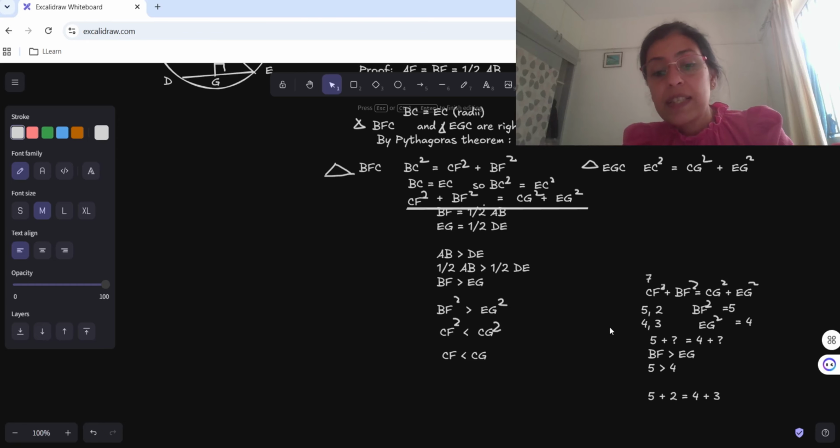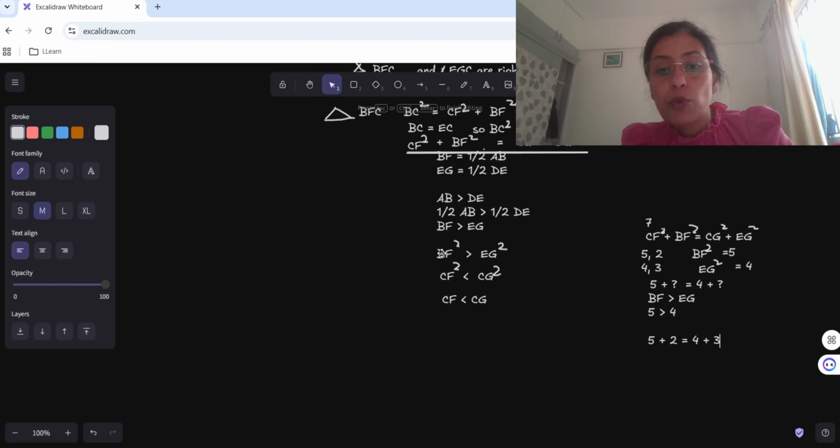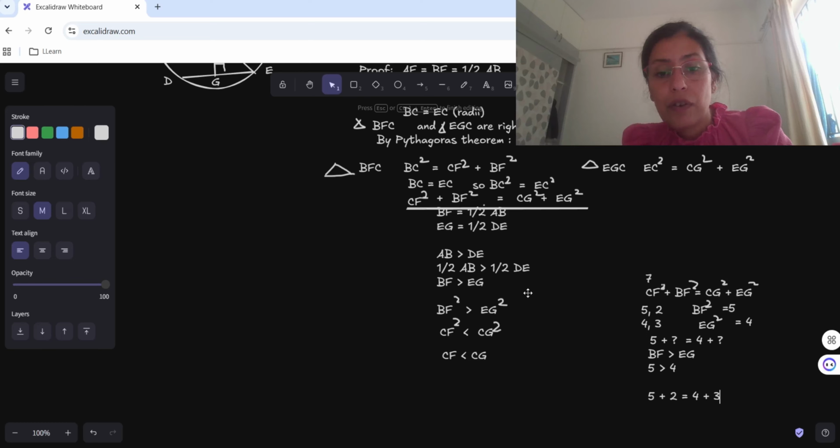So this is the reason why we have said here that BF square is greater than EG square, right? So the first term of the left hand side is greater than the first term of the right hand side. BF square is greater than EG square. So the second term, CF square, has to be less than CG square for the end result to be equal on both the sides.